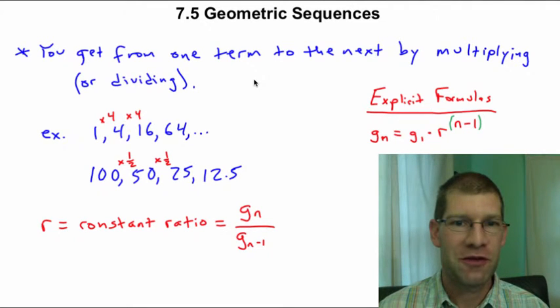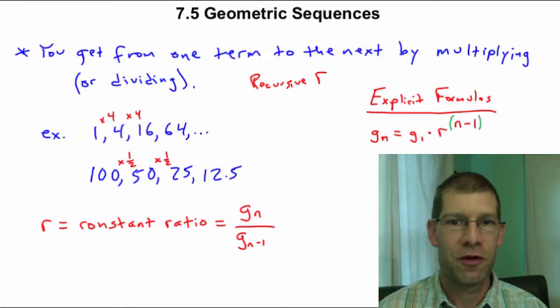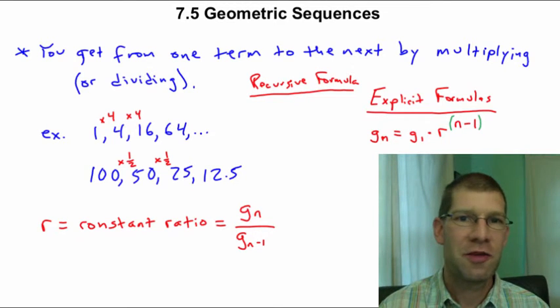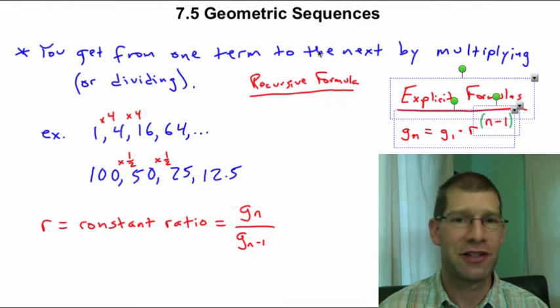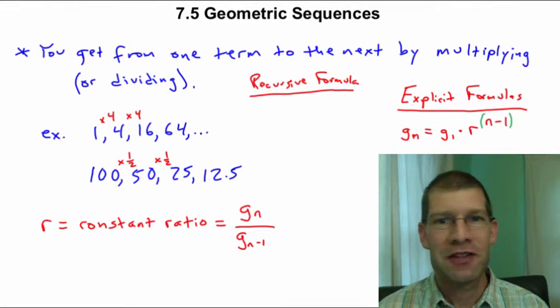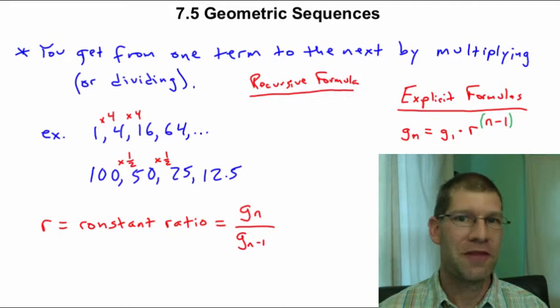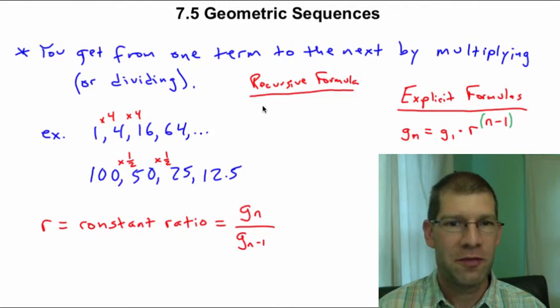We'll squeeze the recursive formula over here. If you think back to what a recursive formula is, that's where you're given the first term, and then from there it tells you how to find a term from the term before it. So for the recursive formula, we're doing g's here for geometric. g sub 1 equals, and you have to fill in what that number is.